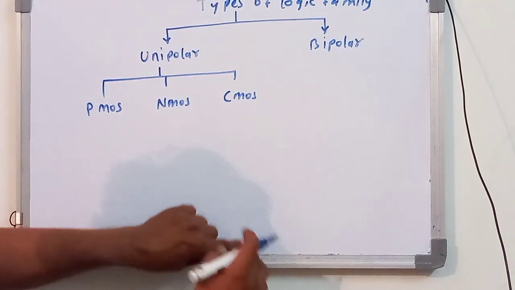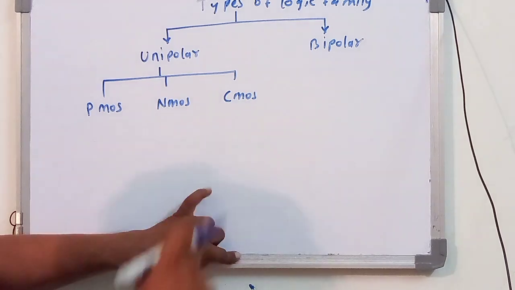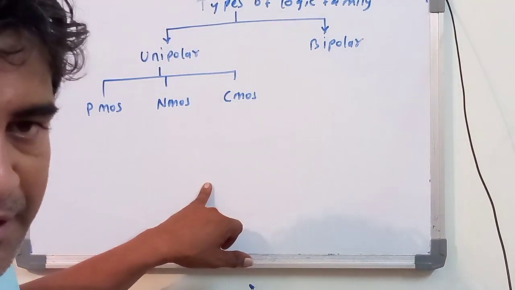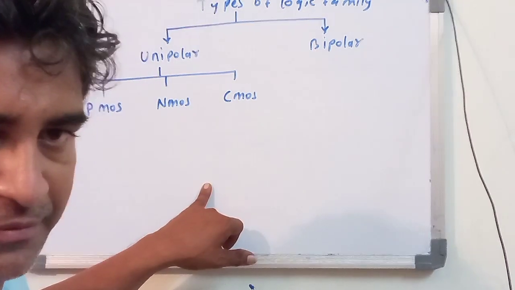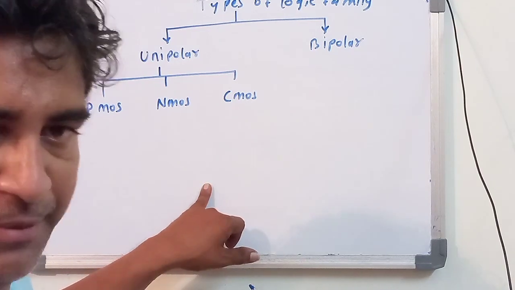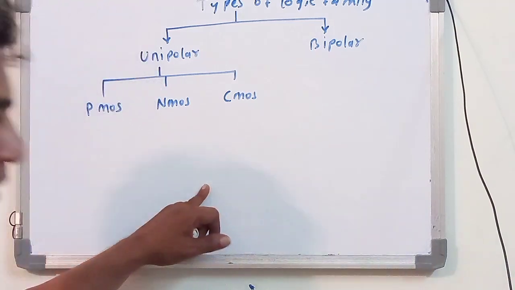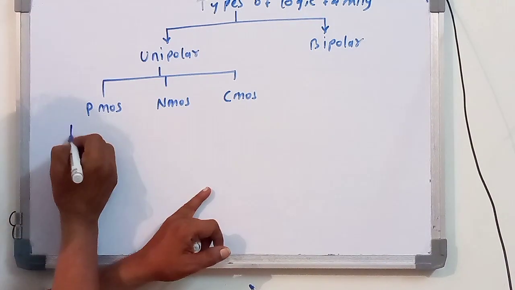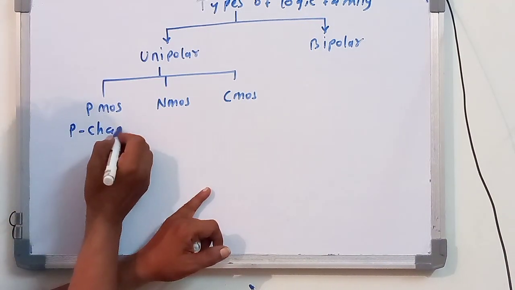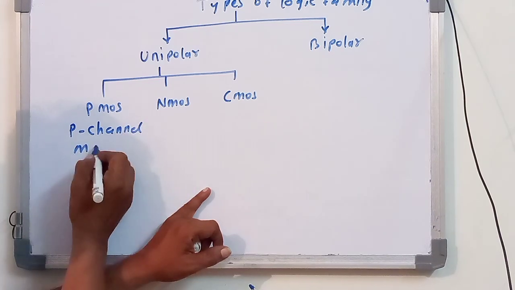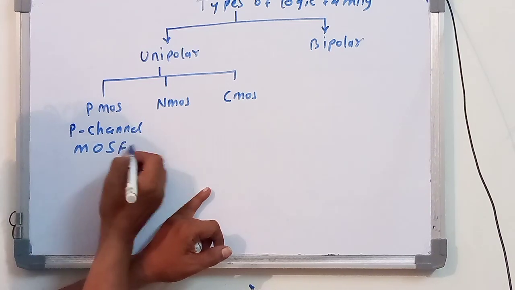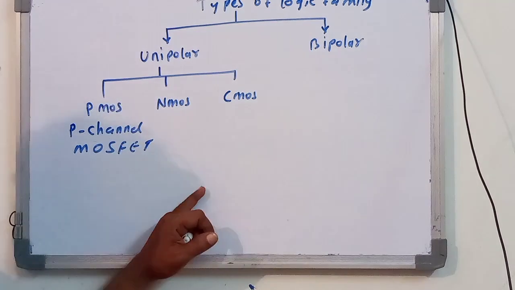The PMOS is nothing but a P channel metal oxide semiconductor field effect transistor.